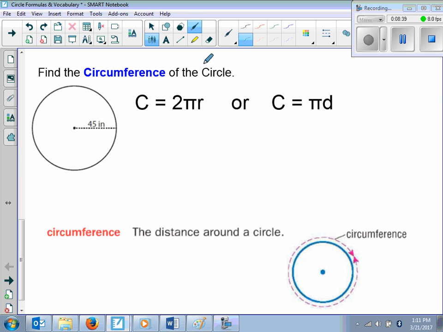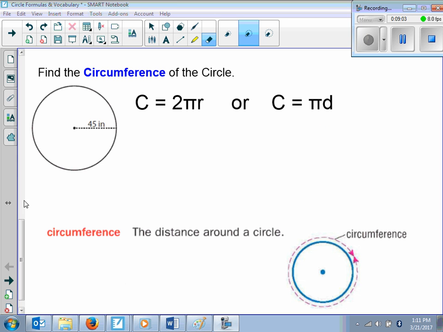Because we said that the radius is half of the diameter. So if I multiplied the radius times 2, doesn't that give me the diameter? Yes. So they're actually the same formula, just in different format. Is everybody clear? You just need to choose which one you're going to use based on what you're given.